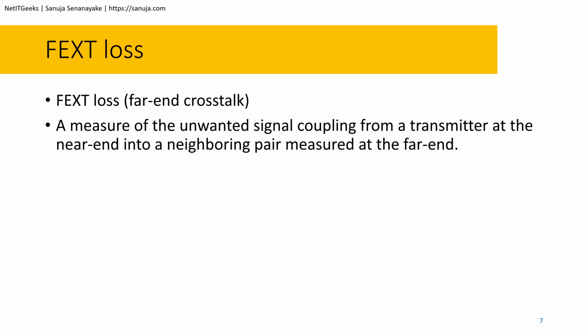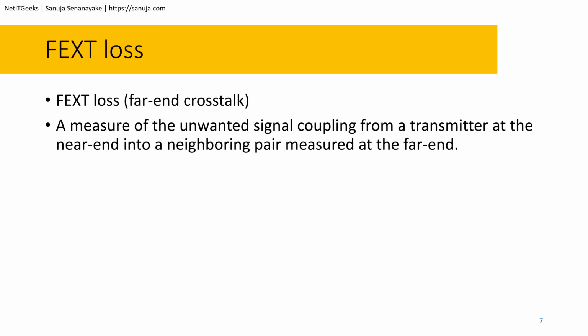Excessive length: if you have a longer cable, even within the specification, for example Cat6 at 100 meters, a 100 meter Cat6 cable will tend to have a higher FEXT due to increased coupling between pairs compared to a shorter cable.